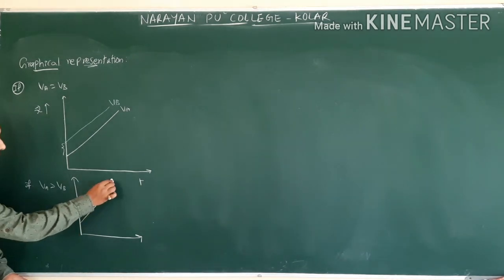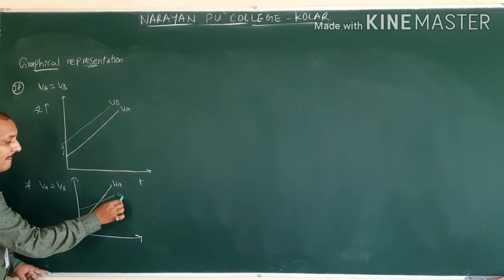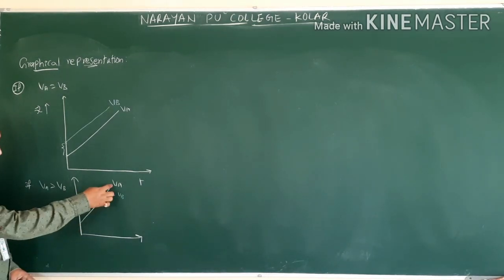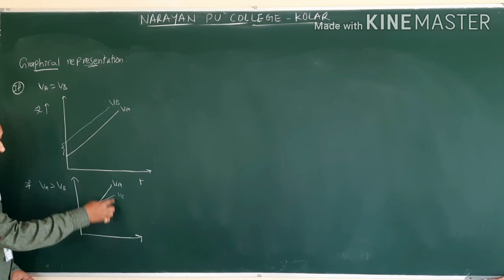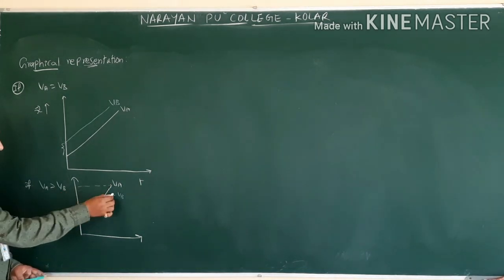In a simple way you can remember, this is VA, and this gives the separation. In this, the one going higher is nothing but more displacement.